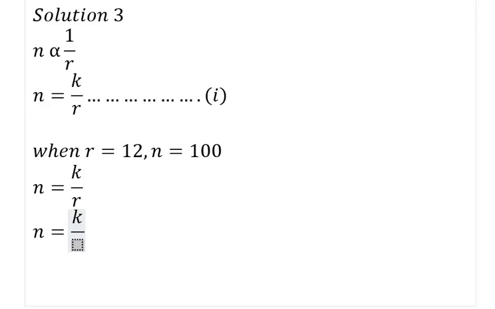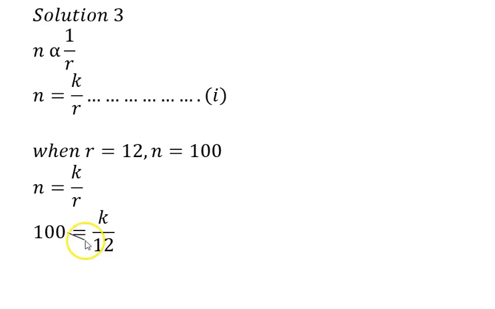R is what? 12. N is what? 100. So all we need to do is cross multiply, so that our K can now equal 100 times 12.